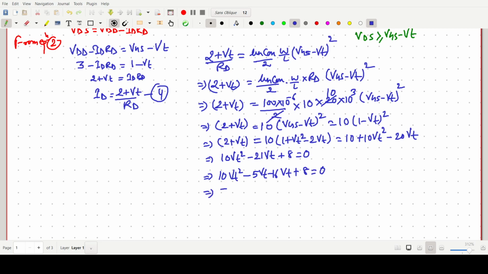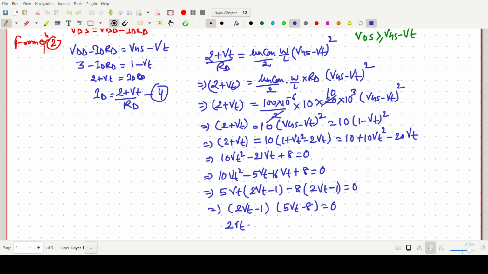Taking 2 Vt common from the first two terms gives 2 Vt minus 1, and taking 8 common... taking minus 8 common gives 2 Vt minus 1 again. So the expression is (2 Vt minus 1)(5 Vt minus 8) equals 0.